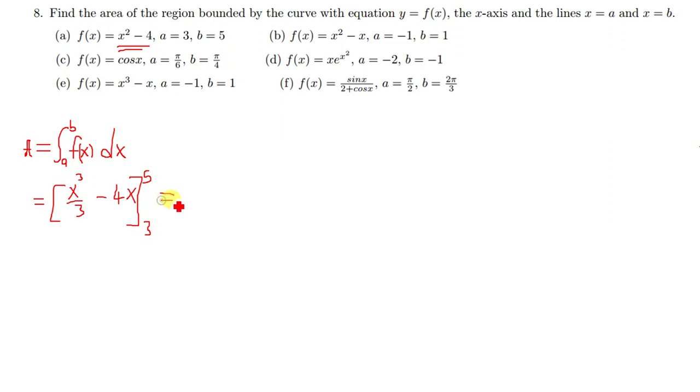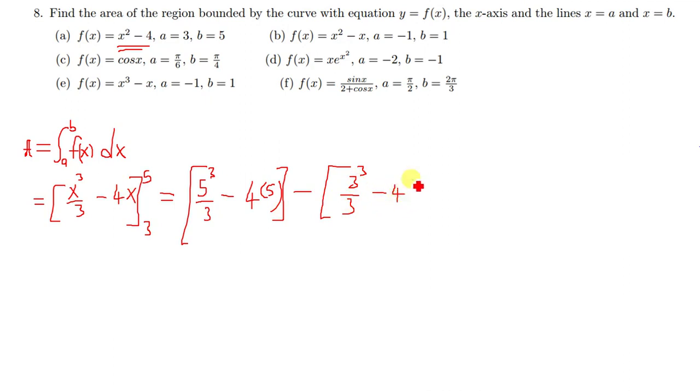To solve this, we first plug 5 in where there is x. So we have 5 to the power 3 divided by 3, then minus 4 times 5, in brackets, and then minus again, where there is x we put 3, so we have 3 to the power 3 over 3 minus 4 times 3.